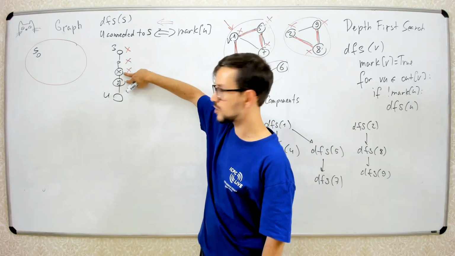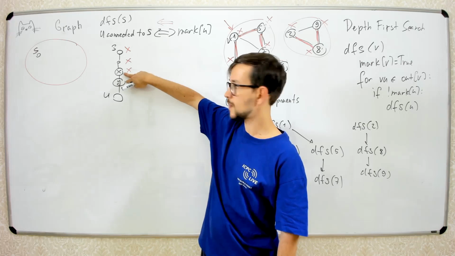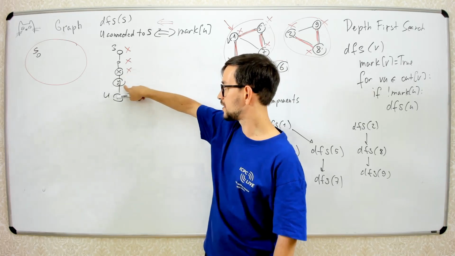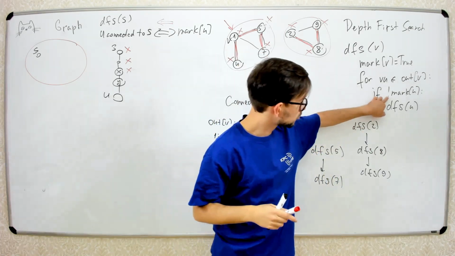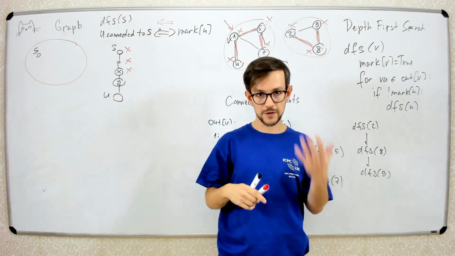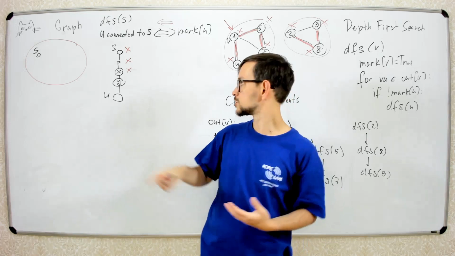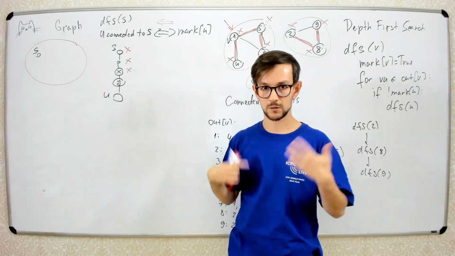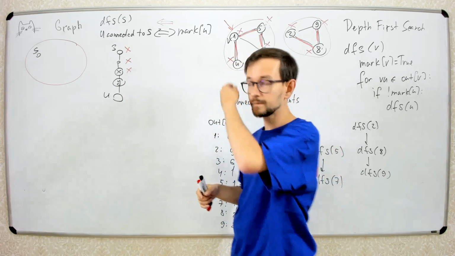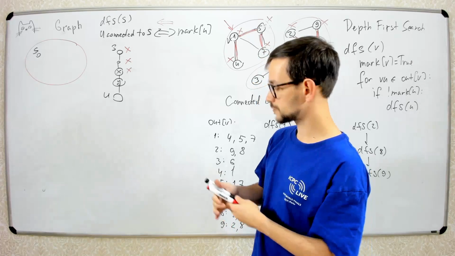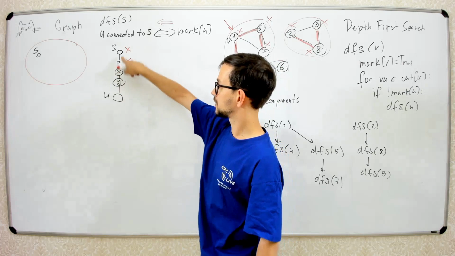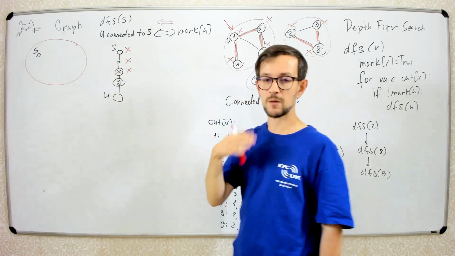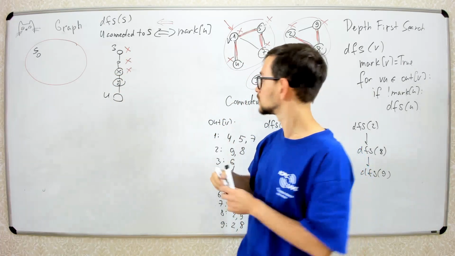And if we found this edge and this node wasn't marked, it means that we must go to node Y and run the DFS from this node. So this situation must not happen. That's a contradiction. So it means that if some node U is connected to node S, then at some point it will be marked by this algorithm.